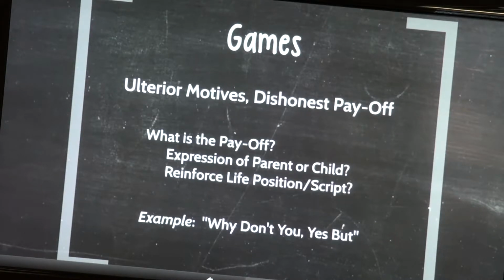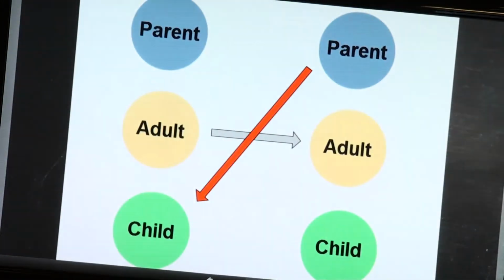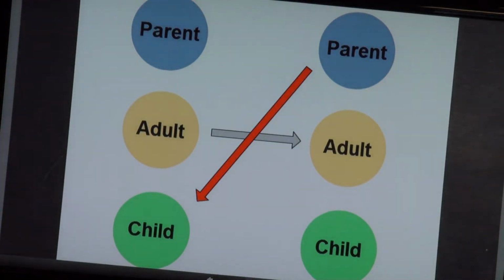What do the rest of us tend to then do when somebody says, oh, I've got a problem? Fix it. Oh, have you tried such and such, right? Because we assume on the surface that the person is looking for solutions or looking for help, and we want to be helpful.